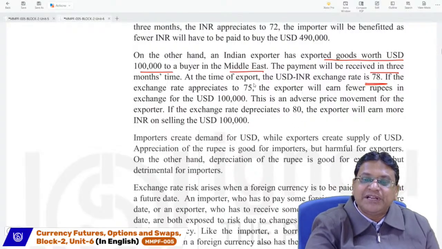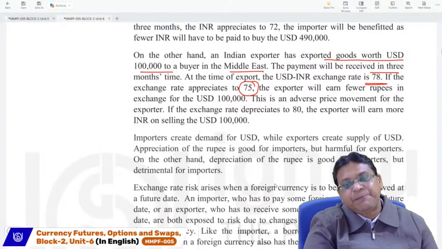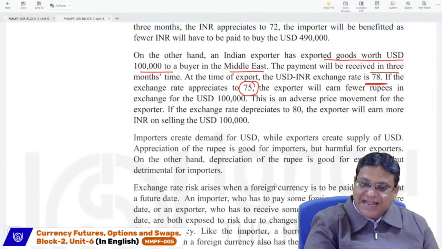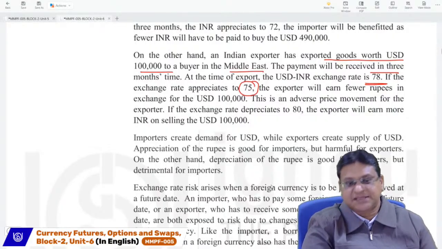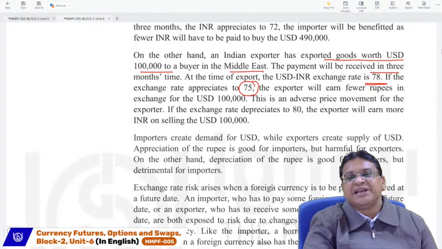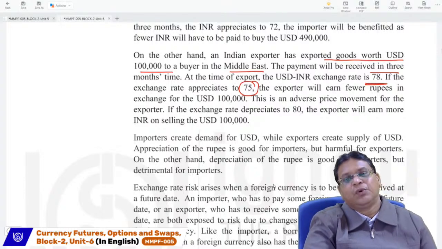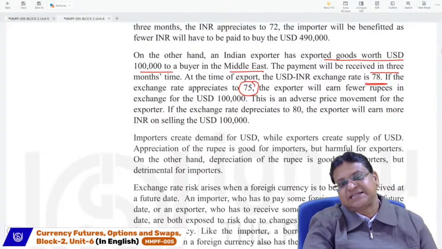But after 3 months it reduces to 75. If it reduces to 75, then what happens? It receives 3 rupees less per dollar. On 1 lakh dollars, it receives 3 lakh rupees less, and this 3 lakh rupees is the currency risk for the Indian exporter. So currency risk exists.